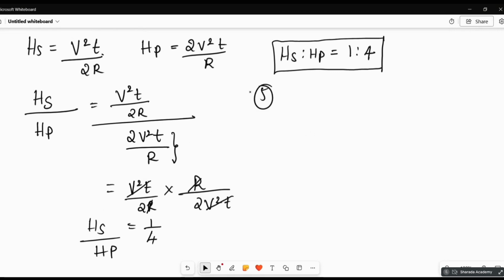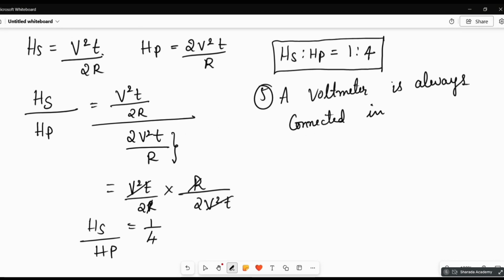How is the voltmeter connected in the circuit to measure the potential difference between the 2 points? Okay, write down this. A voltmeter is always connected in parallel in the circuit to measure the potential difference.